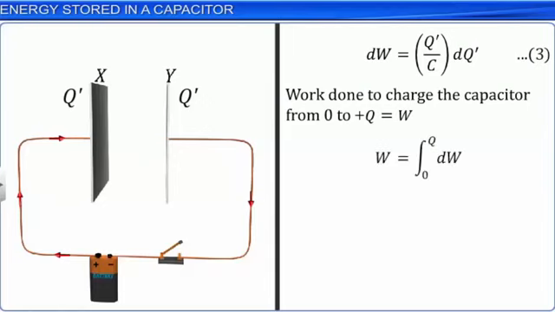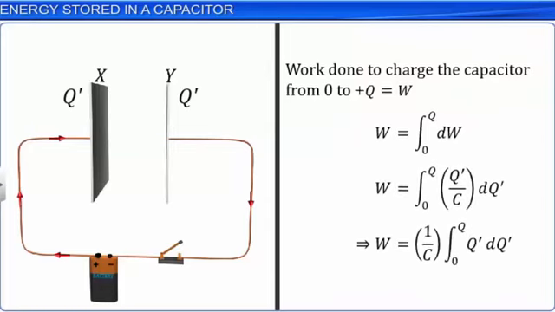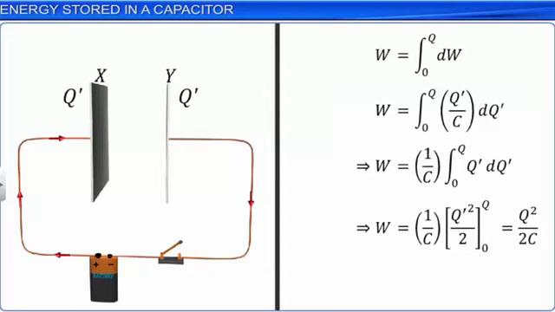Substituting the value of dW from equation 3 in the above expression and simplifying further, we get W is equal to Q squared by 2C. This work done, W, is stored as electrostatic potential energy in the capacitor. Electrostatic potential energy of the capacitor is denoted by U. Hence, we get U is equal to Q squared by 2C.